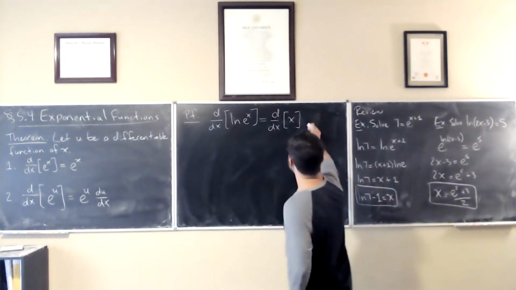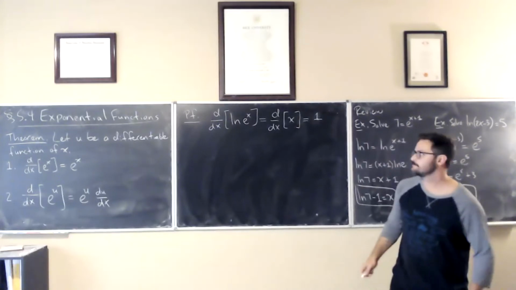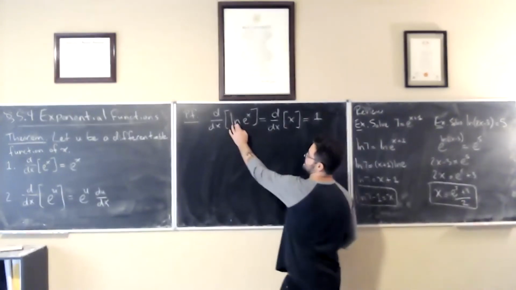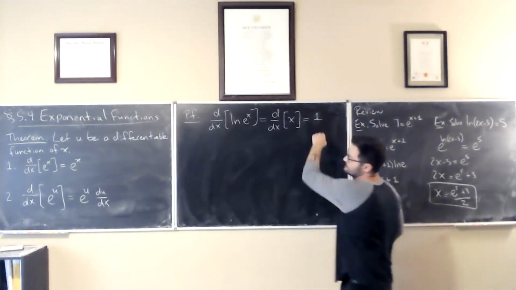So this is just equal to 1. These are inverses, so this becomes x, and the derivative of x is just 1, right?